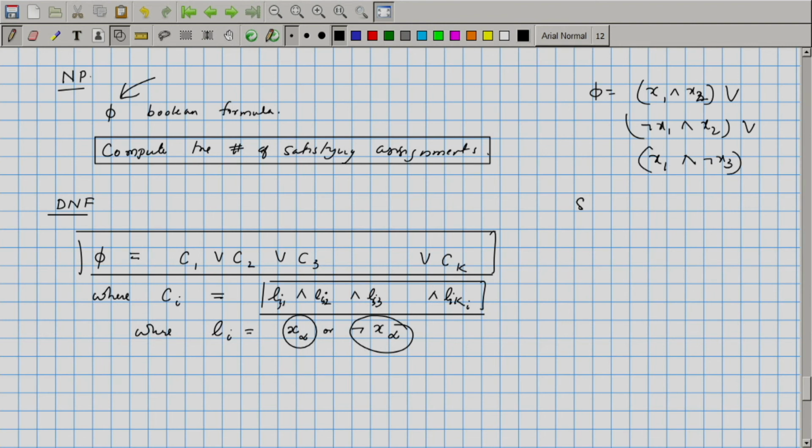So, there are 8 possible assignments. It is clear that by checking just the first clause itself, we can find an assignment which satisfies it. For example, x1 equals 1, x2 equals 1 and x3 equals 0 would satisfy the first clause, and therefore, it would satisfy the entire formula.